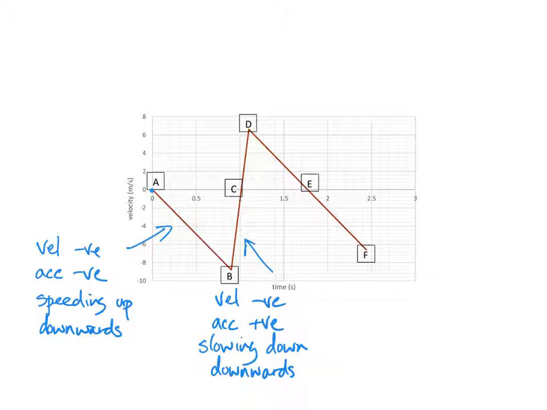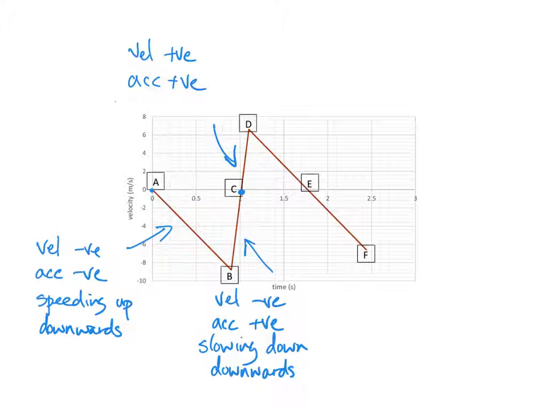So point C is when it stops squashing, it's when it changes from squashing down and the ball starts to expand again. So between C and D, the ball is expanding, so that's physically what's happening. What do we know at that point? Well, we know the velocity is positive, and because the line is sloping up the way, that the acceleration is positive as well.